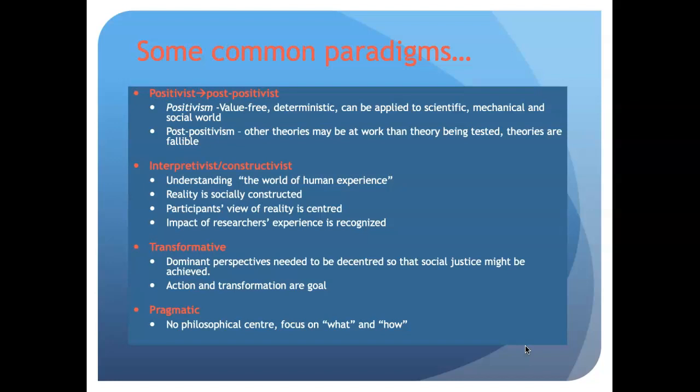A post-positivist theoretical framework means that theories do not exist in isolation and are fallible, so reality, in air quotes, is seen as determined until it can be disproven. So there is room for change as contexts change. So for example, post-positivists accept that water freezes at 0 degrees Celsius, but that other findings are possible should the context change. Both are about explanation and confirmation of a hypothesis, so they're related in that way.